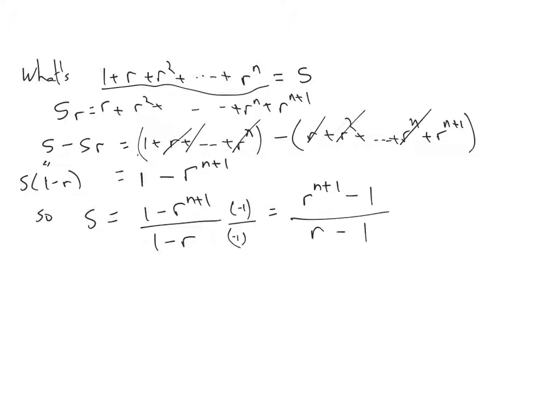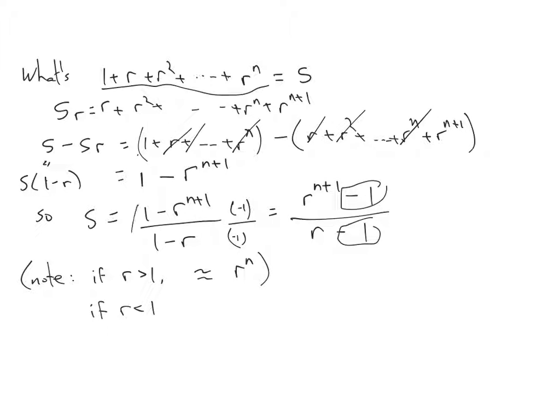Okay, so note something interesting. If r is bigger than 1, this quantity is approximately equal to r to the n, right? Because these terms are negligible, and the r to the n plus 1 over r gives you r to the n. And if r is less than 1, it's better to look at it this way.